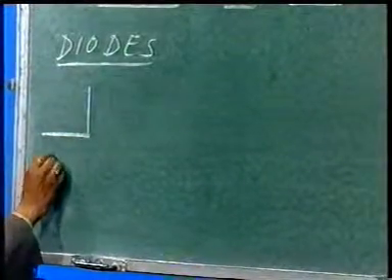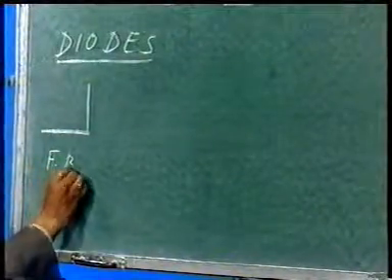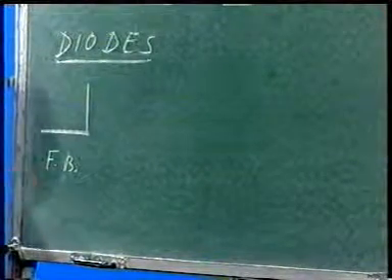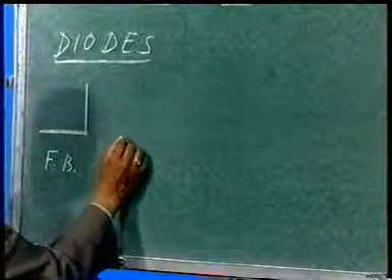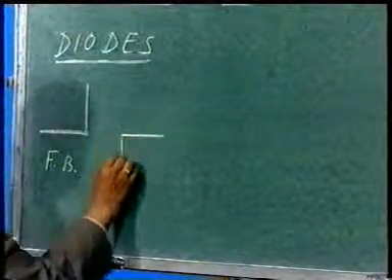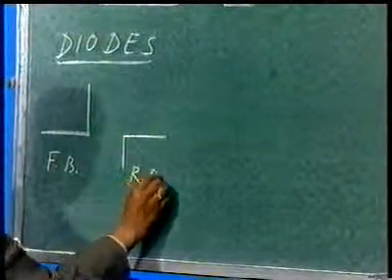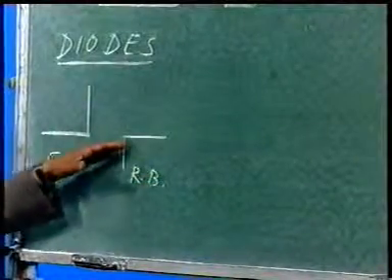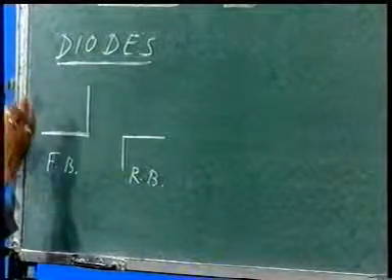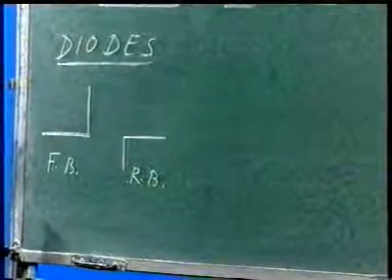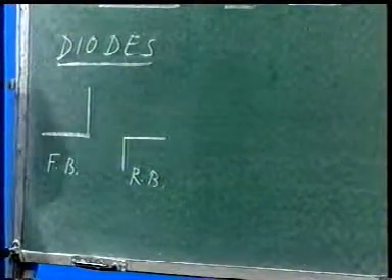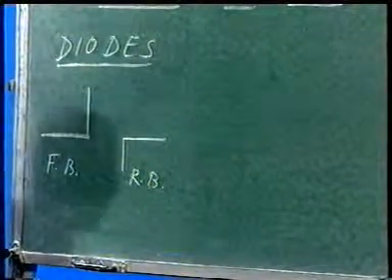This is the figure for a diode when kept in forward bias condition, and if I reverse it, that is reverse bias condition, I would get a figure like this. The same diode will give you a figure on CRO like this when it is reverse biased. So this is the case of a diode. Of course, if the diode is short, you are going to get a vertical line. If the diode is open, you are going to get a horizontal line.